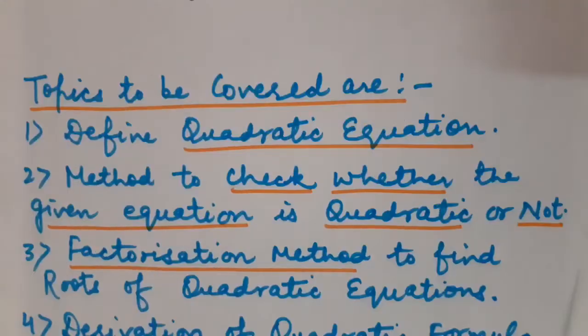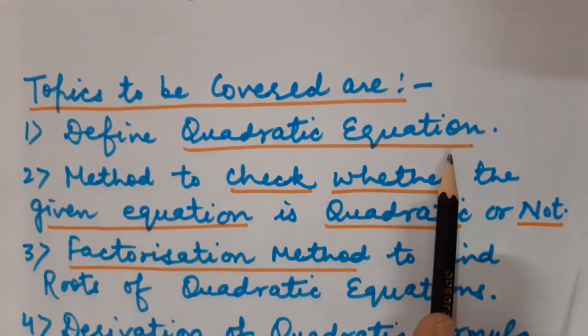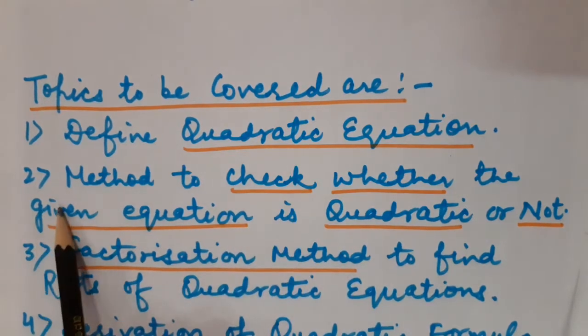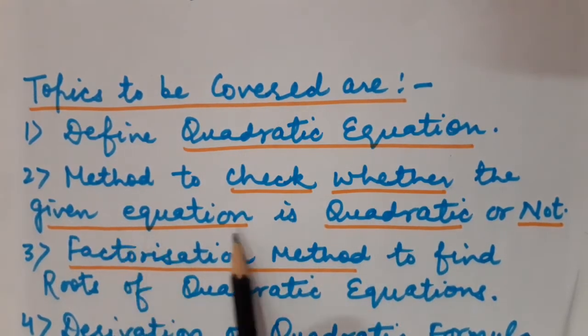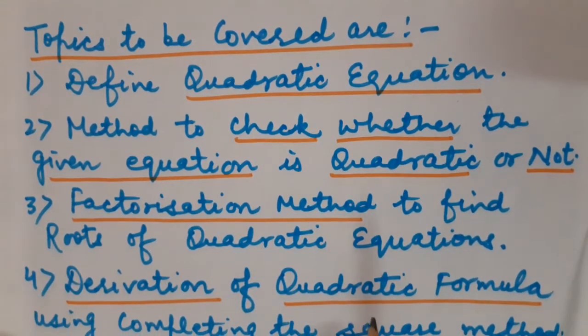Fine. So, children, in today's summary lecture, the topics which I am going to make you recall are: number 1, definition of quadratic equation. Number 2, method to check whether the given equation is quadratic or not. Number 3, factorization method to find the roots of the quadratic equations.